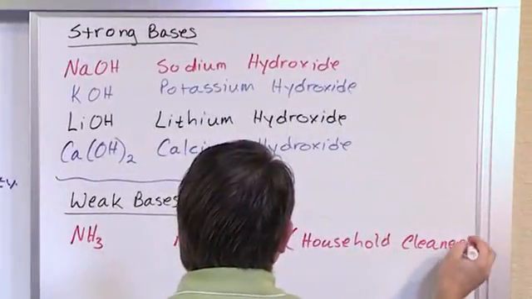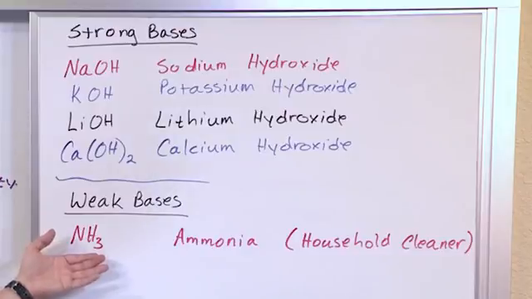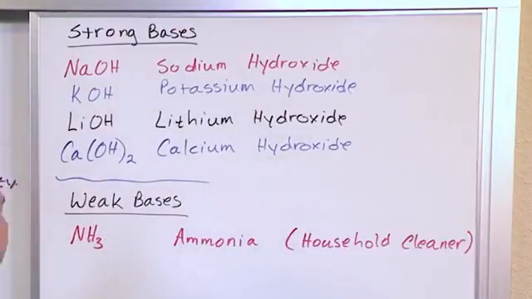So you've probably heard of ammonia. It's something you can get at the grocery store, and you could take it home and clean your floors with it. It is a base, but it can clean things very well. Now, we did talk briefly about how ammonia behaves slightly differently in the way that it produces the hydroxide ions, but it does produce hydroxide ions when you put it in water, so it is a base. And it's a weak base.